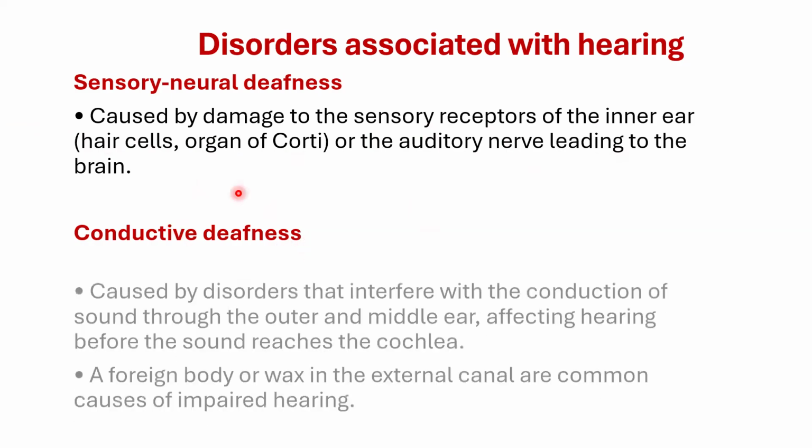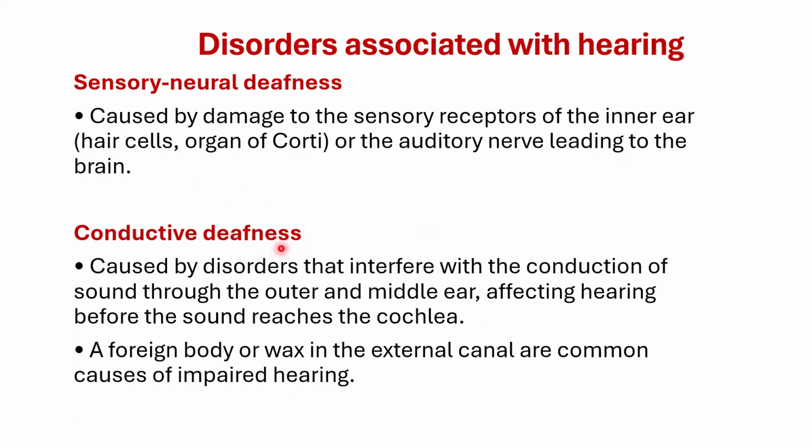Conductive deafness is caused by interference in conduction of sound through the outer and middle ear, so it can affect hearing before the sound reaches the cochlea. A foreign body or wax is actually one of the most common causes of conductive deafness. Those are the disorders of hearing.